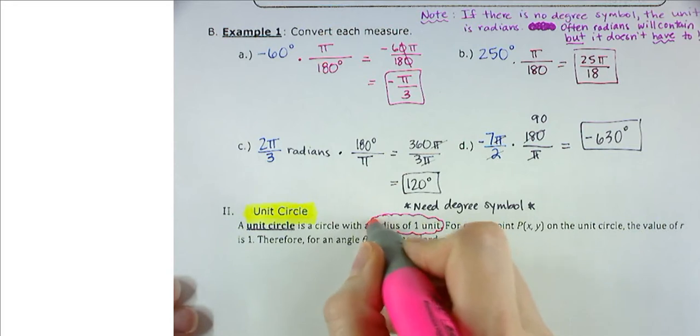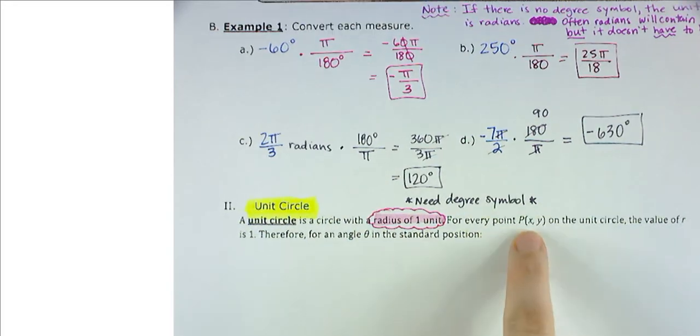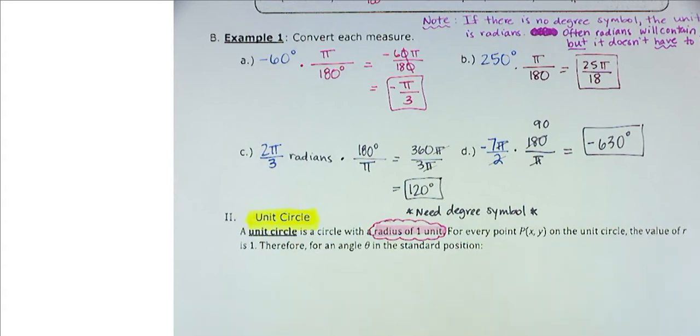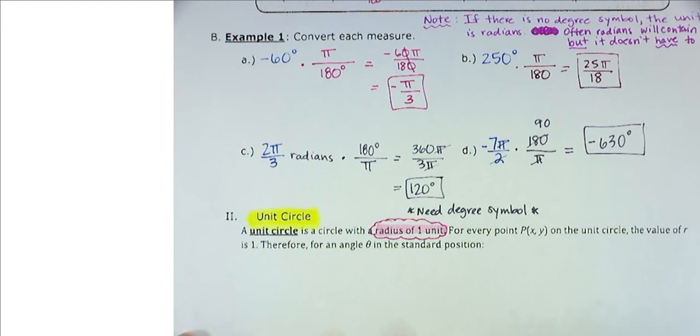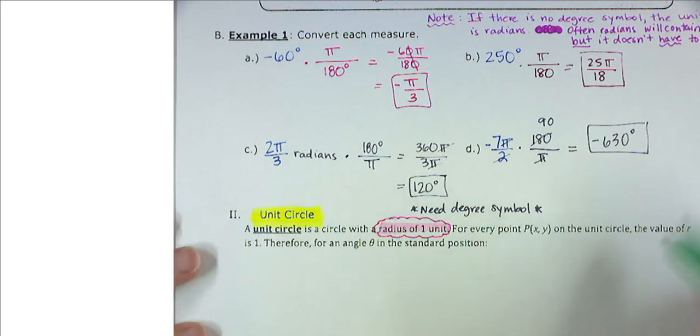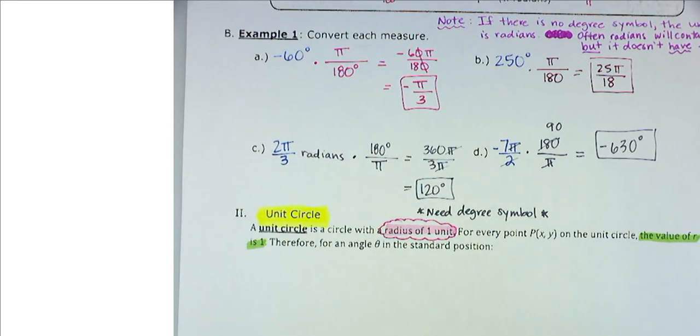That means that for every angle theta, we are going to set up a couple of equations here. Okay, so it said the value of r is 1. So let's think about this. We learned that the sine of theta is equivalent to y over r.